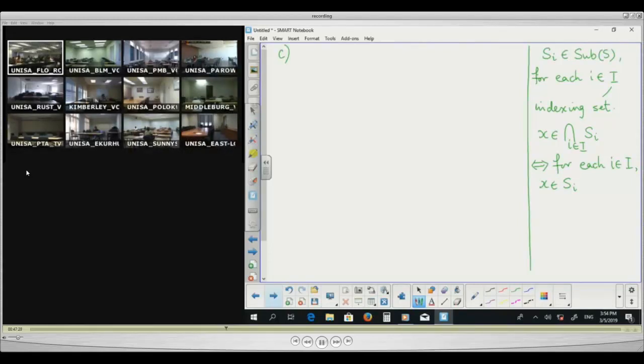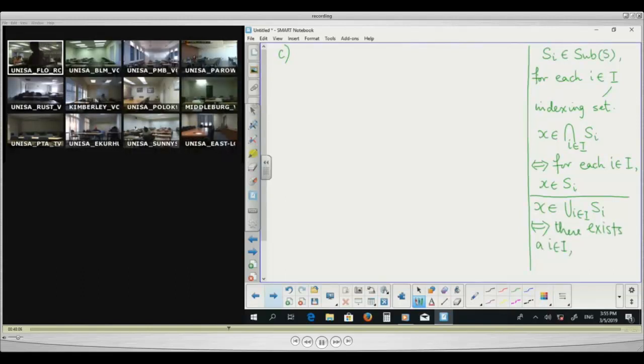So here it means there exists i in I such that x belongs to S_i. Okay? Right? So, now having said so, you can proceed to that exercise on indexed families, which I skipped in the first, but now it will be required. Okay? So now let's see.